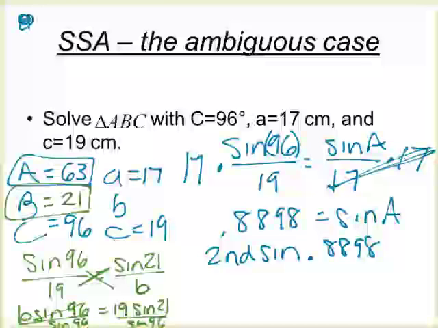So in the calculator, I type in 19 sine of 21, making sure to close off those parentheses, divided by sine of 96. And what do I get for little b? Right about 7, 6.97. Make sure that big matches big. C is the biggest for both, and small is small. B is the smallest for both. Okay. Questions?